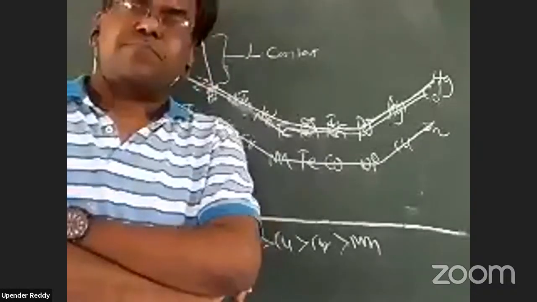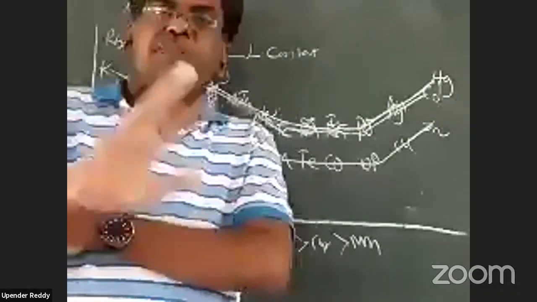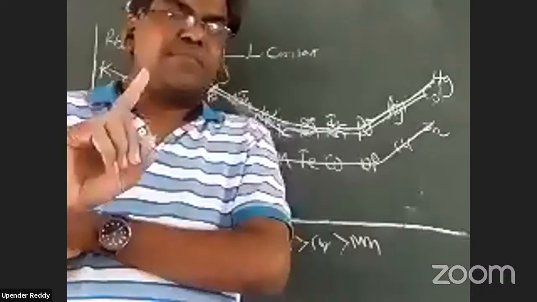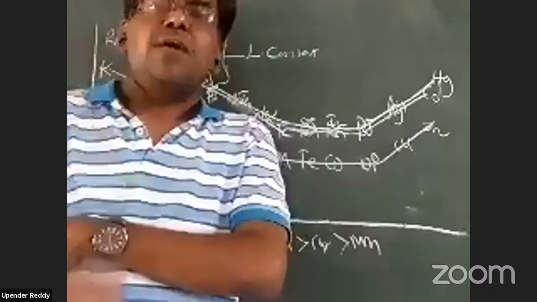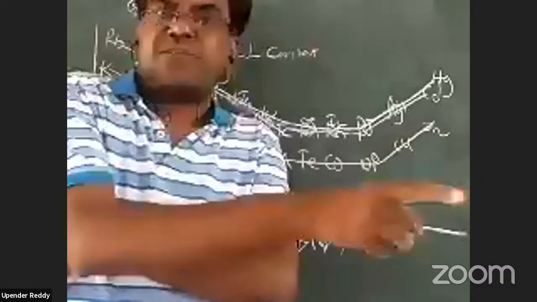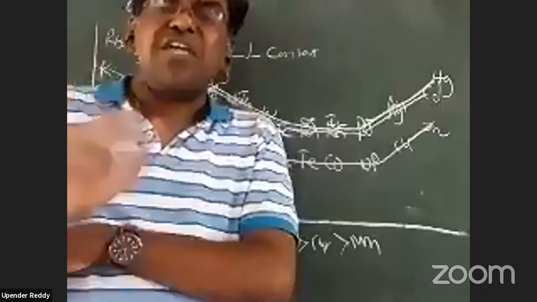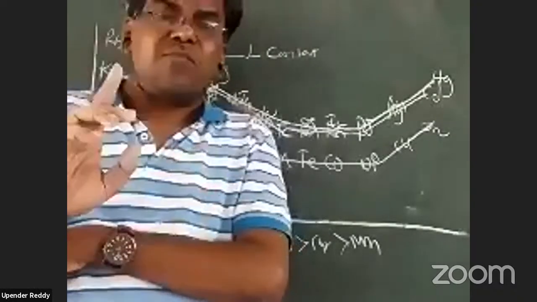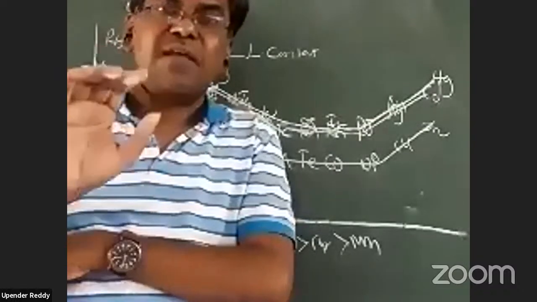So I am repeating, the size of atoms depends upon: number one, nuclear force, that is the number of protons present in the nucleus; number two, distance between the nucleus and valence electrons; number three, shielding effect; number four, which is most important, inter-electron repulsions.